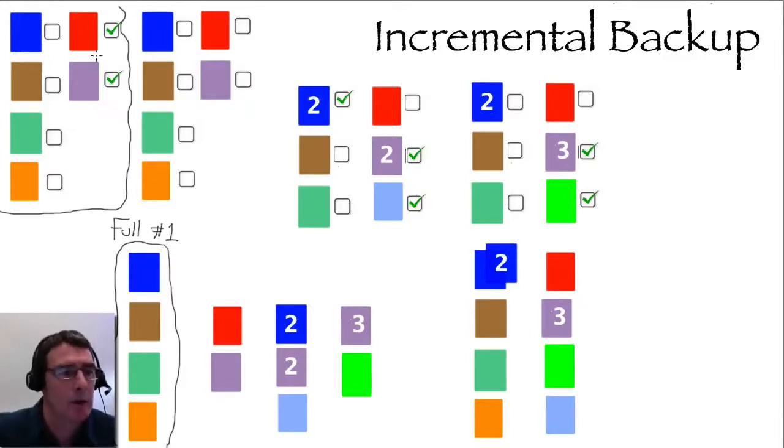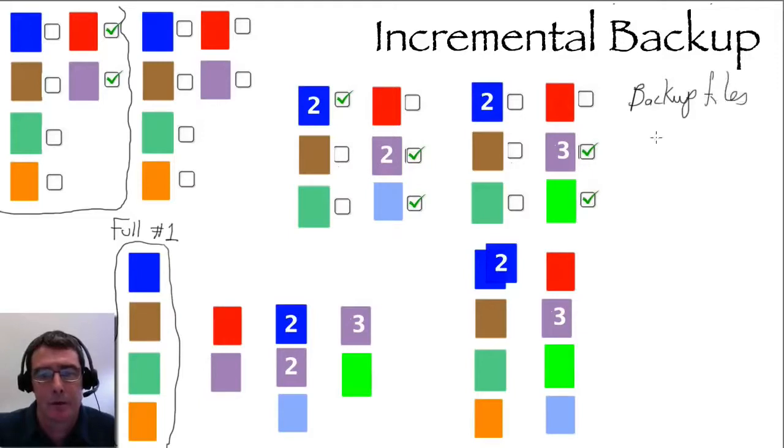Since then, we've made 2 changes. We've added the red file and we've added the purple file, and so the archive bits are set. So what happens in an incremental is that we back up files that have changed.